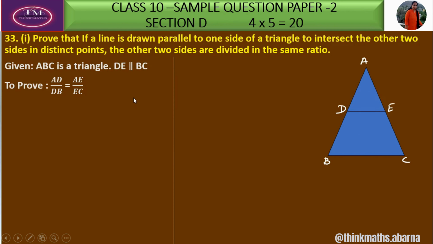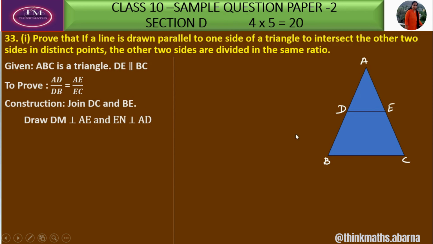So this is the construction. Let us join BE and DC. Okay, so we have joined this. Then draw DM perpendicular to AE. This is the perpendicular line, and EN perpendicular to AD.